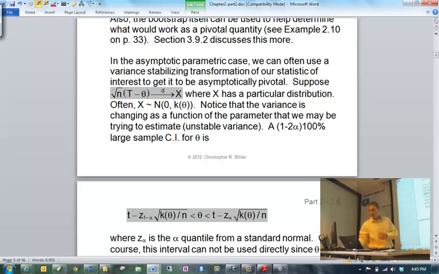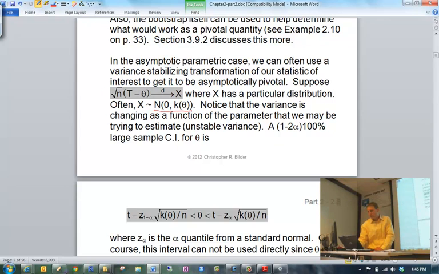So often we're left with situations such as this. We have a particular statistic of interest, t, estimating theta, and square root of n times t minus theta converges in distribution to some random variable x. Typically it has a normal distribution. There are cases where it's not actually normal, but some normal distribution. And let's say that normal distribution is represented this way.